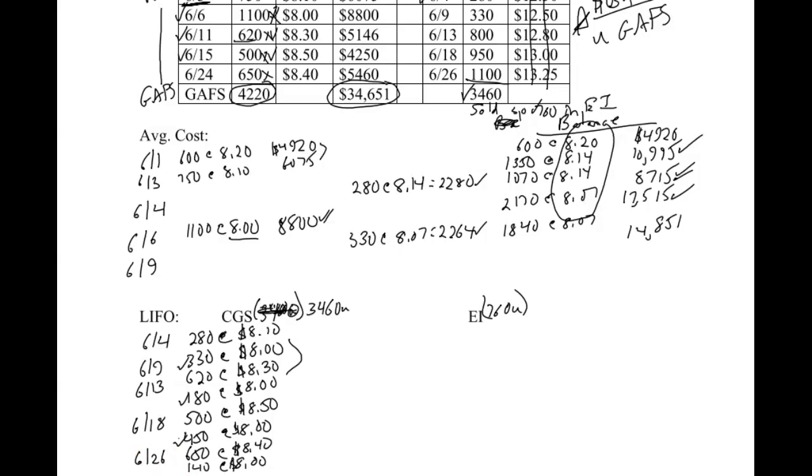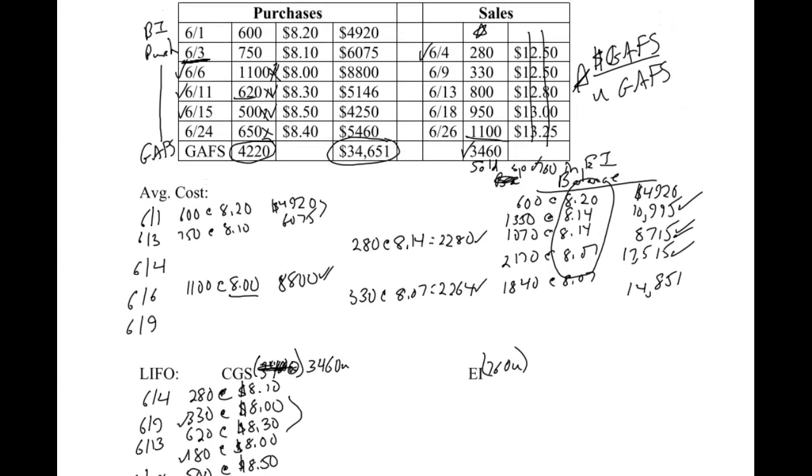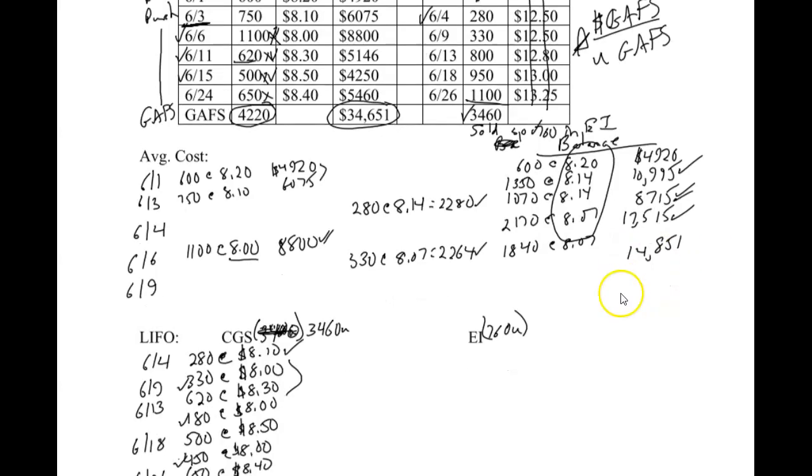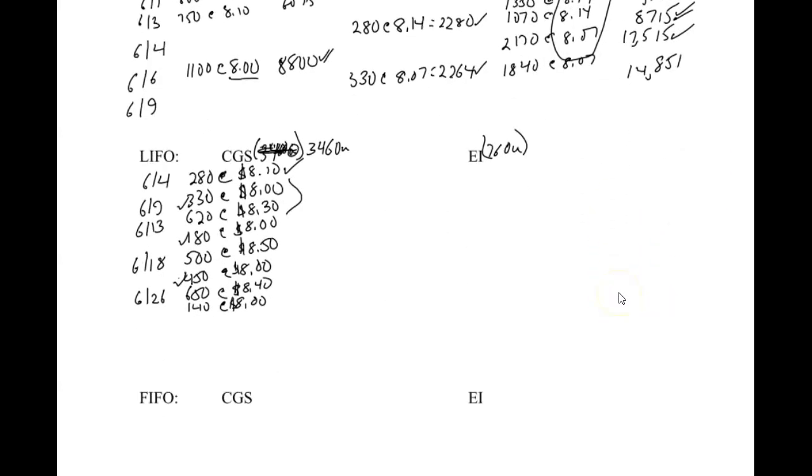So let me just scroll back up here and see what we're dealing with. All right, so we now can go back into the 700 and the ones I purchased at 8.10. If we look down here, we only sold 280 of those at 8.10. So there's plenty of those left to make up the difference. So we're going to get the remaining 310 of those at the 8.10 purchase.